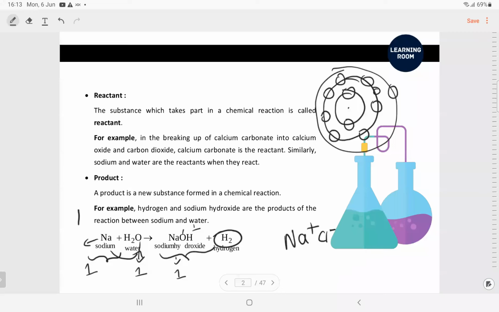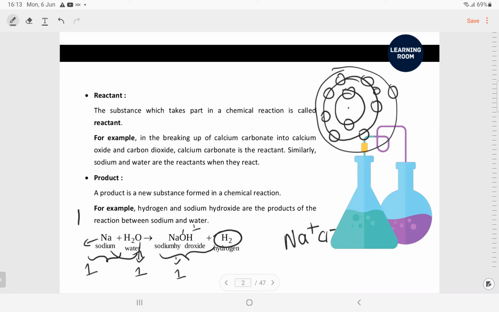Look at here. How many? What is the number? H. Come here. H. 2. So 2 hydrogens in the reactant side. So look at here in the product side. 3. So here 2, here 1, 3. So this reaction is not balanced.